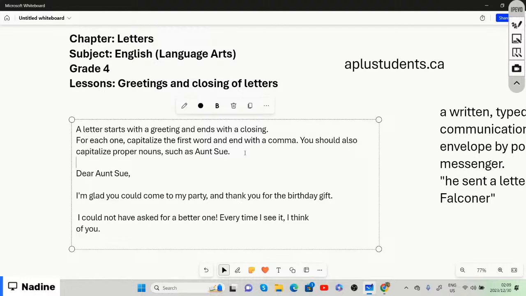So we see that a letter starts with a greeting and it ends with a closing. And for each one, we capitalize the first word, and we end with a comma. We should also capitalize proper nouns.